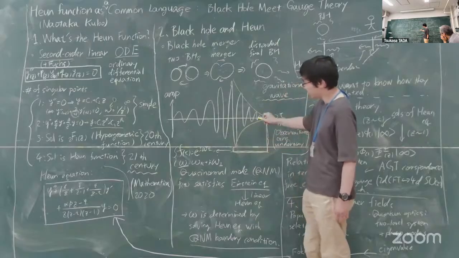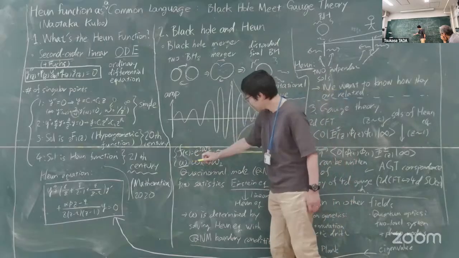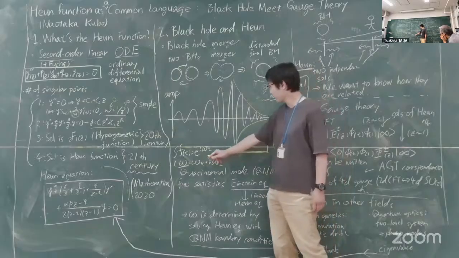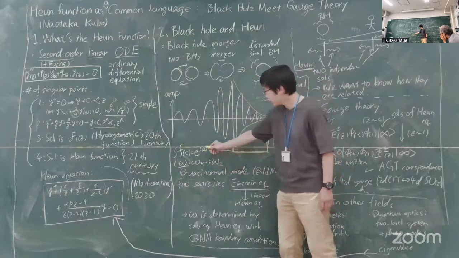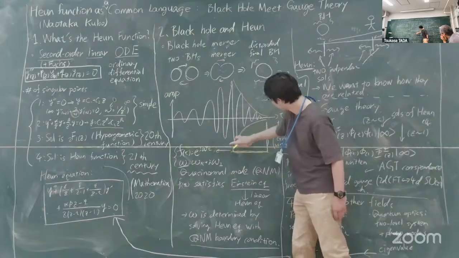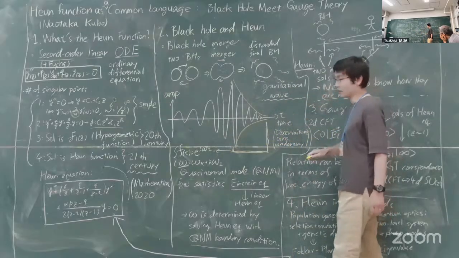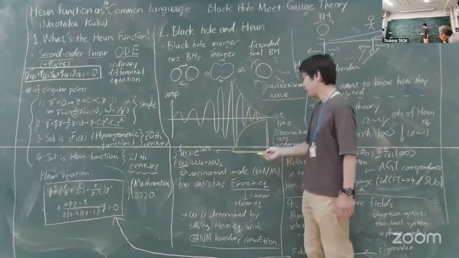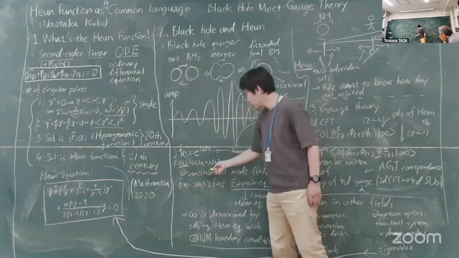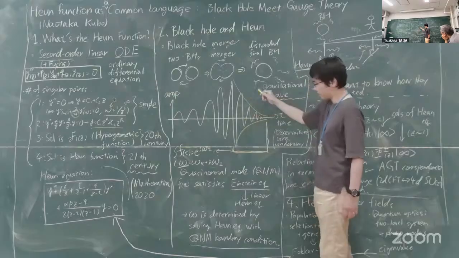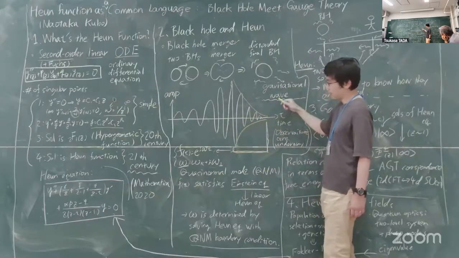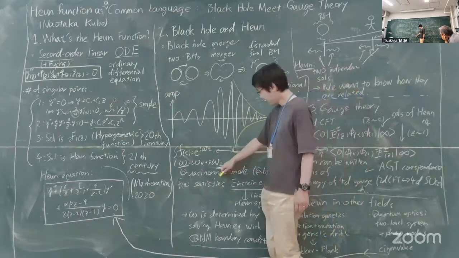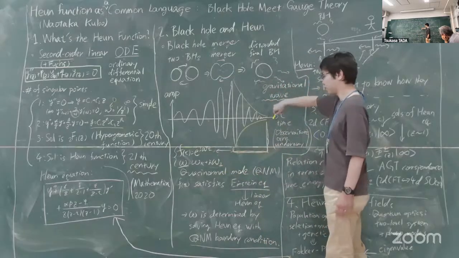As I said, the function can be written something like this: exponential of i omega tau, where tau is time, and this omega has a real part and an imaginary part. Of course, the real part dominates the oscillation, and the imaginary part dominates the exponential term.